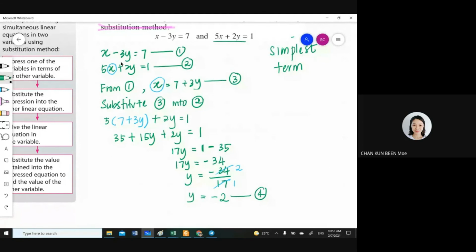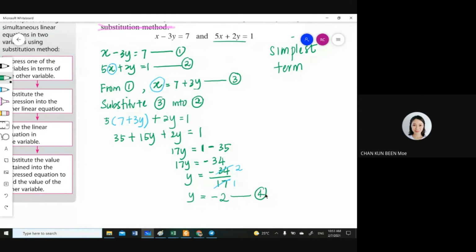If I substitute the value of y into this y over here, will it be easier? Or into this y, is it easy to calculate? Or into this y, would it be easy to get the value of x? Among these three equations, which one is the easiest for me to get the value of x? Equation 3, because the x is already the subject over here, we can get the answer straight away.